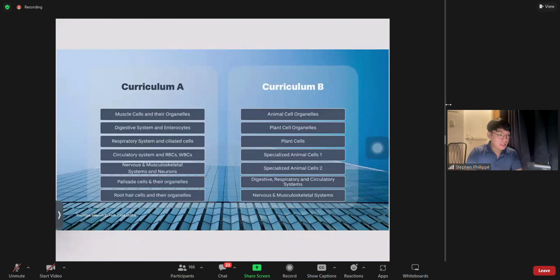So this is a curriculum. There's a curriculum A and a curriculum B. Which do you think is better in teaching biology, or cell biology in general? Can you type in the chat box? Is it A or is it B?